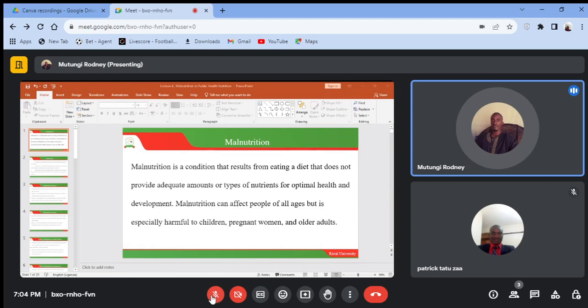So all those two will belong to this concept called malnutrition. As you can see here, overnutrition and undernutrition are all forms of malnutrition and can negatively impact health, as we are going to see.